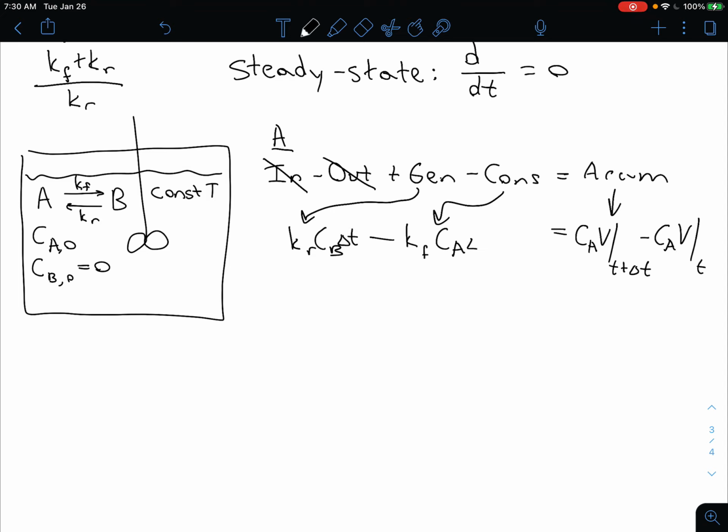And by the way, we have to look over an increment of time, delta t, so we're going to have delta t terms in each of the consumption and generation.